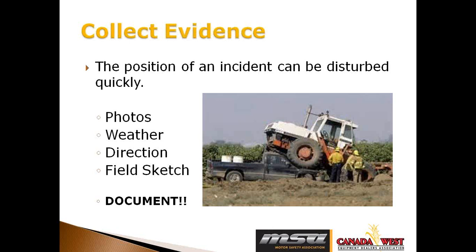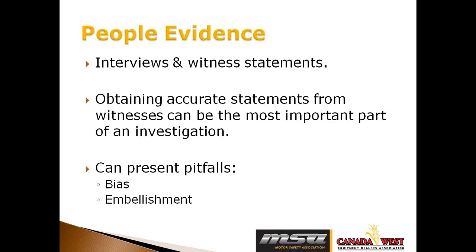Where's my tape measure? Where's my camera? Where's my inspection template paperwork? It's so much nicer to have everything ready so you can just go and start collecting your evidence.